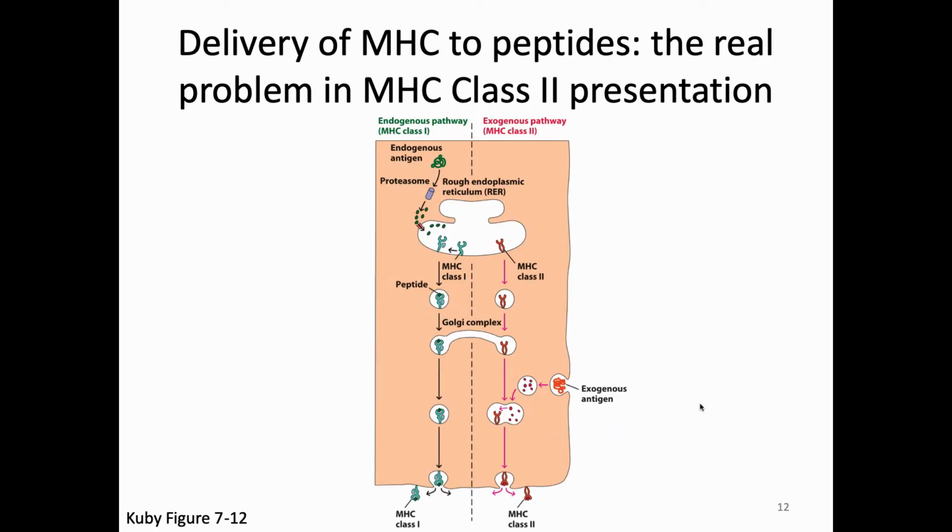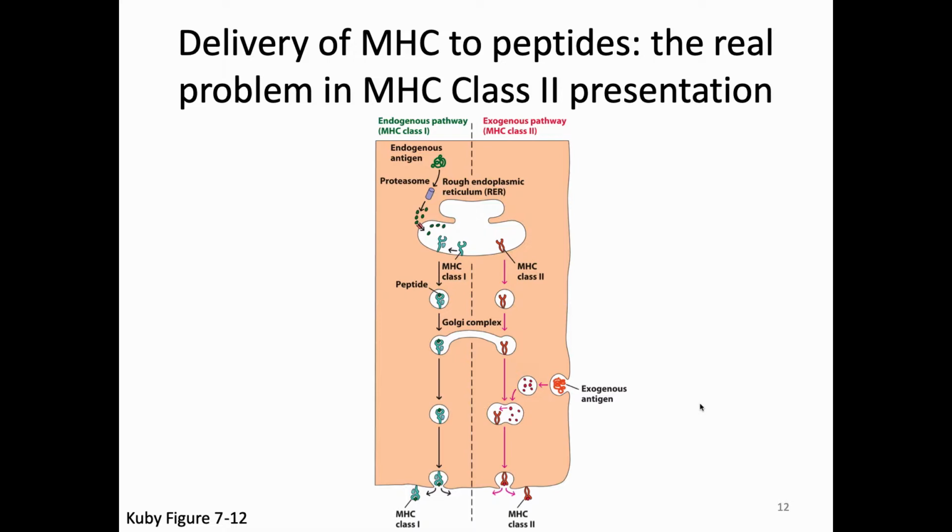Apparently, even though I thought I did not make an edited version of this figure, I'm just going to tell you what I hate about it. This figure shows you Class I and Class II presentation and processing in the cell. This figure has this dotted line down the middle.